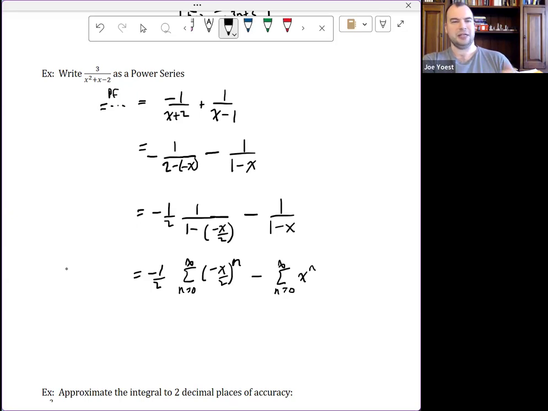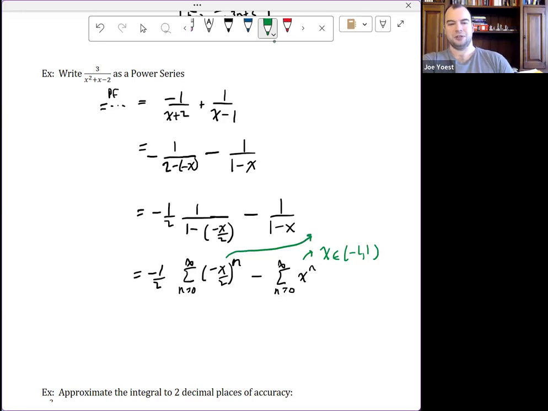Now that I've changed the form of my function in a really fundamental way, I need to reevaluate my domains. The second series here is good for x in open minus 1 to 1.